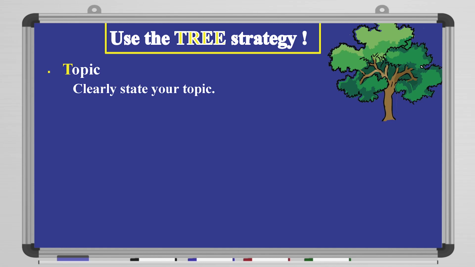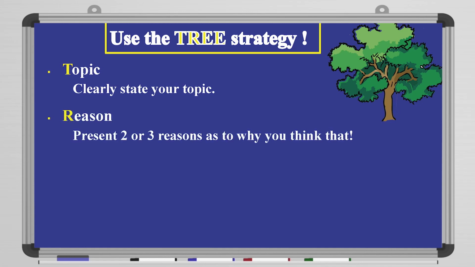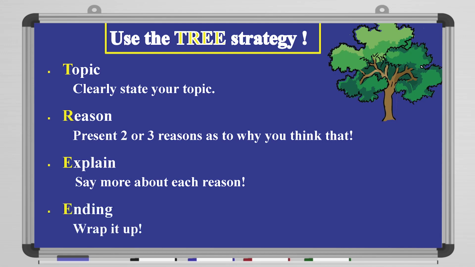And then mention reasons. You have to present 2 or 3 reasons to convince the reader that you chose this topic because. And then explain furthermore your reasons. And at the end, you have to wrap it up. T-R-E-E, tree. Don't forget that.